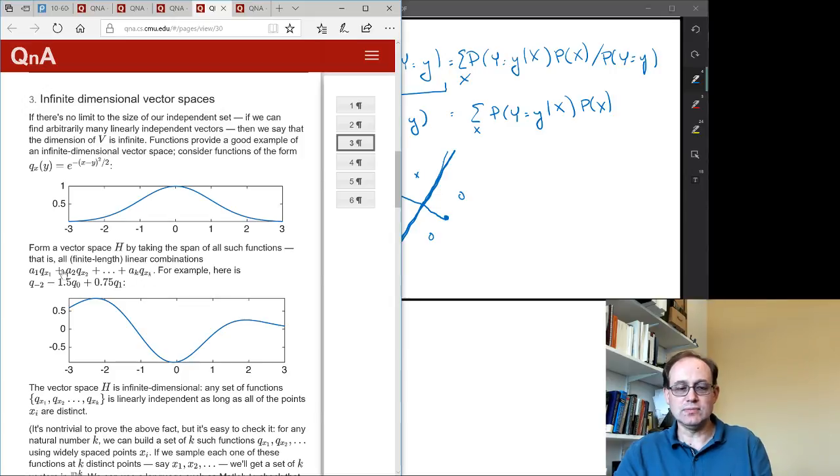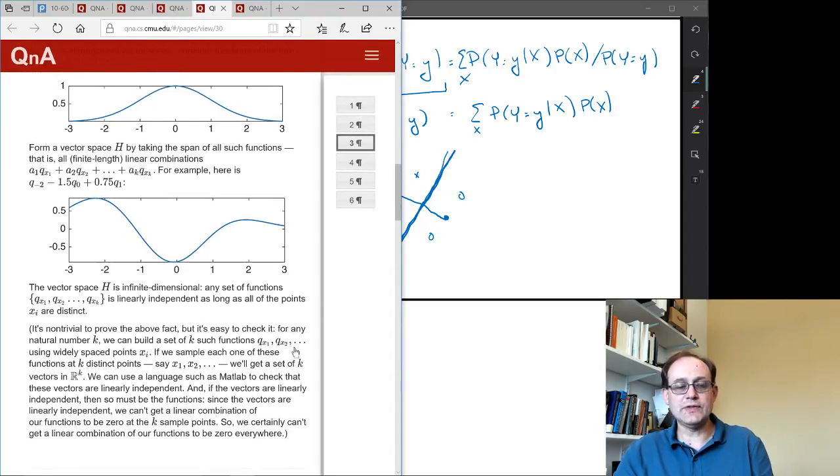You can tell whether you've gotten an element of this vector space by seeing whether you can express it this way. So here's an example of a function in the vector space. This is q sub minus 2, minus 1.5 q0, plus 0.75 q1, right? So we took some of these functions that are centered at minus 2, at 0, and at 1, and we multiplied each one of them by a scalar and added them together, and we got this, right?